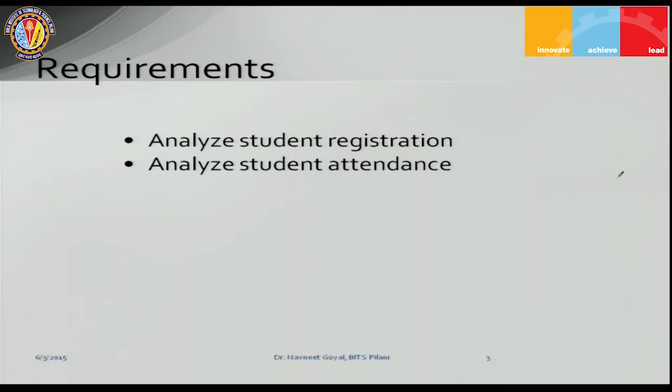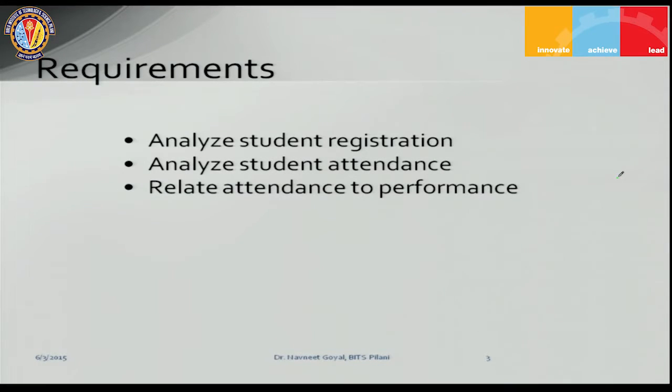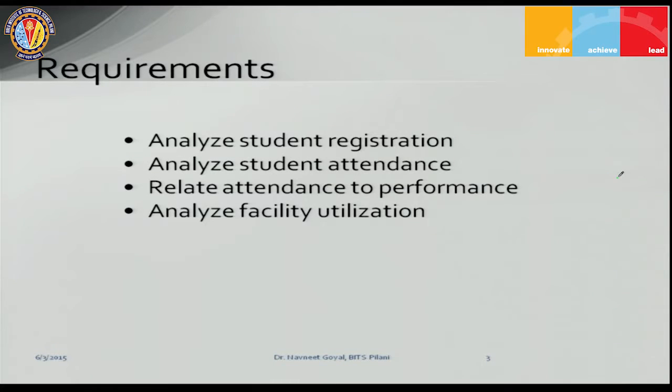Analyze student registration, analyze student attendance, relate attendance to performance, analyze facility utilization. These are some of the things that I want to do with my data warehouse, and there are a whole lot of things that you can do. BITS, as you know, is a multi-campus university, so you may want to analyze different aspects across campuses. All those things are possible once you have a data warehouse in place.